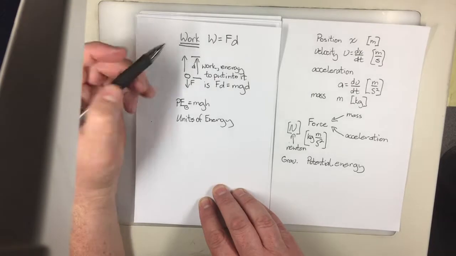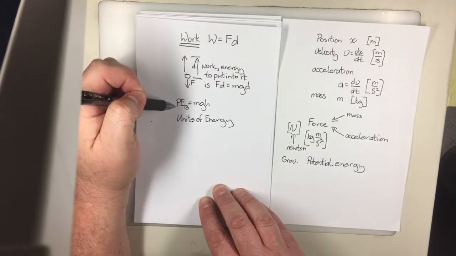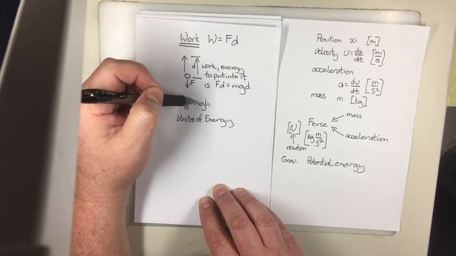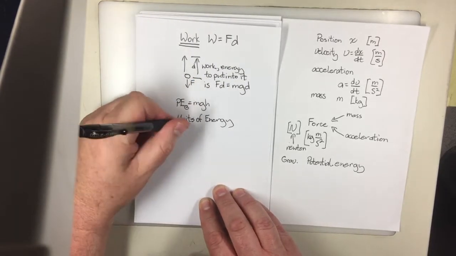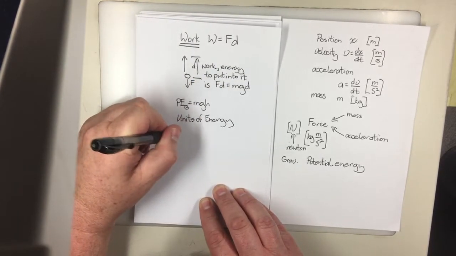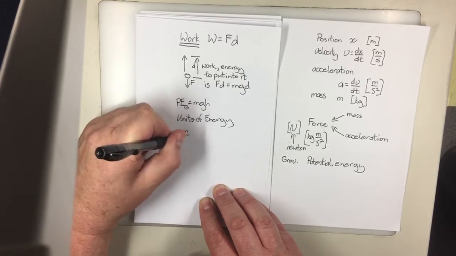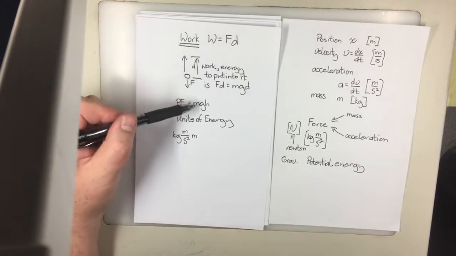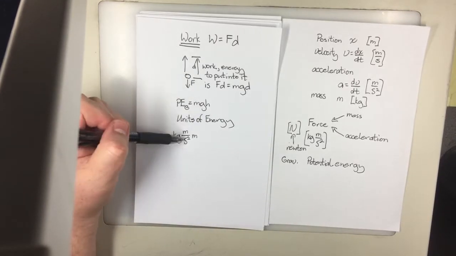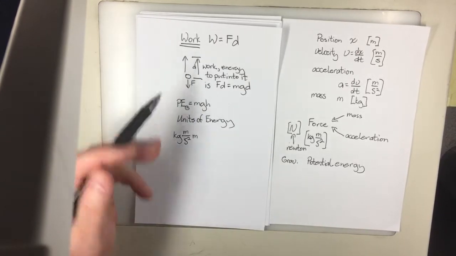Now, when you look at the units, work is a unit of energy, potential energy is also a unit of energy, F, mg, both force. So the units of energy could either be kilograms meters per second squared times meters, m, g, h, those are the units.